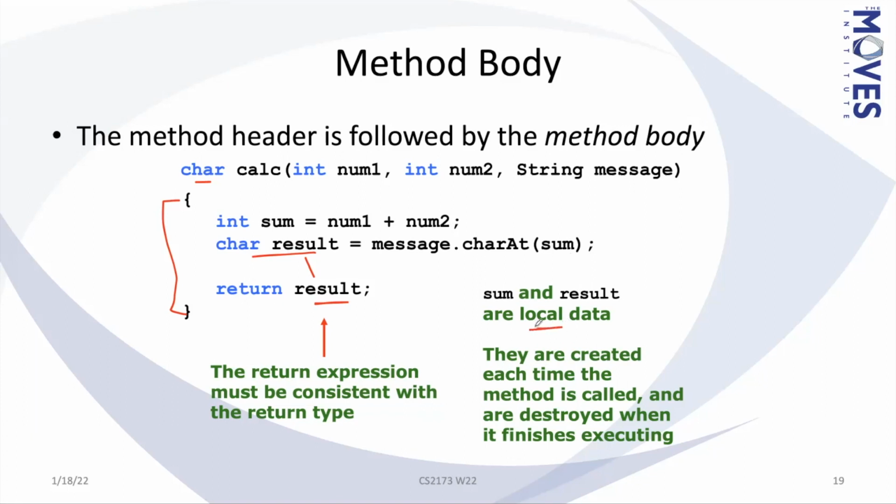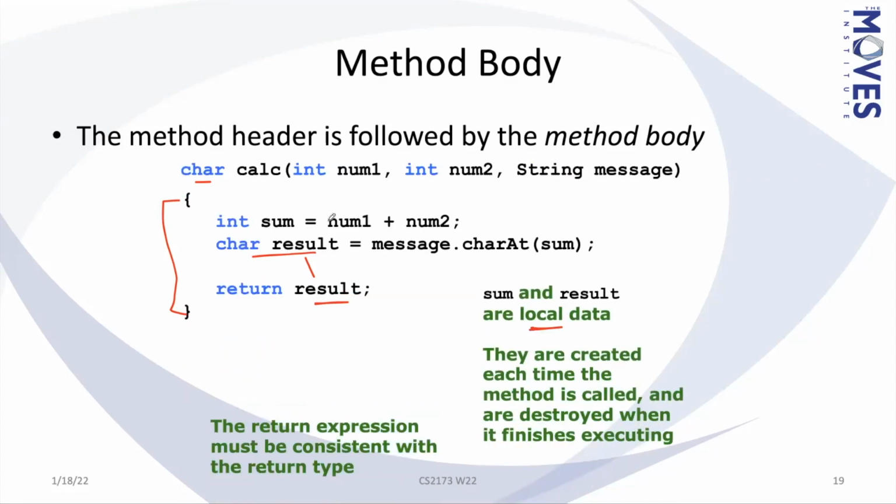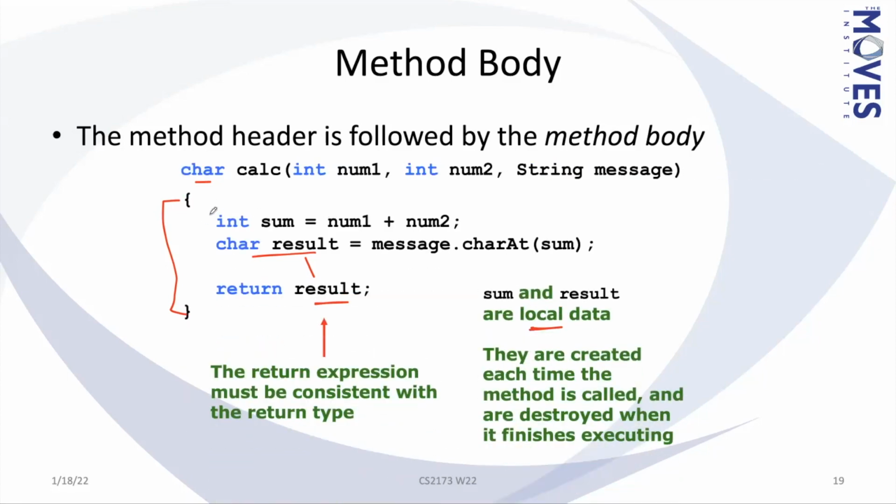So local variables, we simply define them. Now notice that a local variable does not have a visibility modifier. Again, local variables do not have a visibility modifier. In fact, I can't say private int sum or public int sum or anything else.